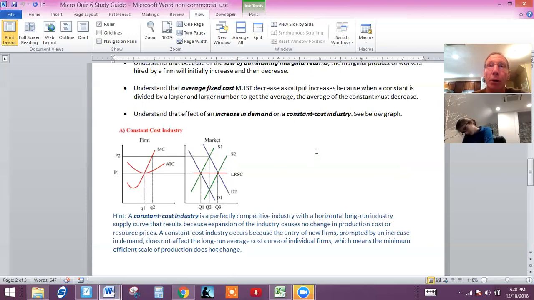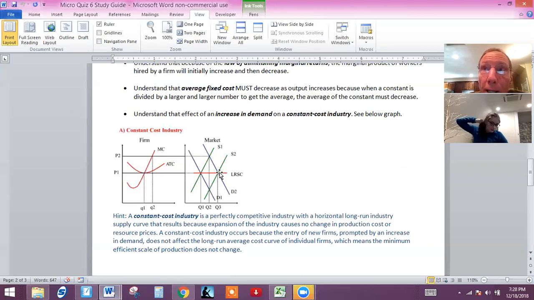So if the demand for pizza goes way up, as we see in the shift from D1 to D2, initially the price for pizza is going to go up. But then as firms come into the market, supply increases, because more pizzerias means more supply of pizza into the market. So the supply curve shifts from S1 to S2, and in the long run, price is back down where it was.